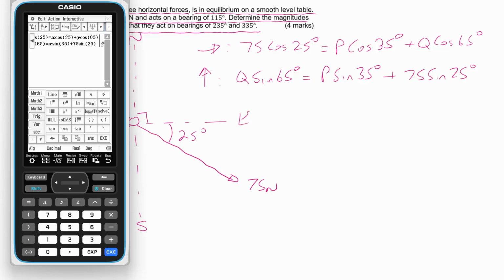And we just need to tell it that we're solving for x and y. And that gives me the x, which was the P, is 48.95 newtons, and the Q is 65.95 newtons.